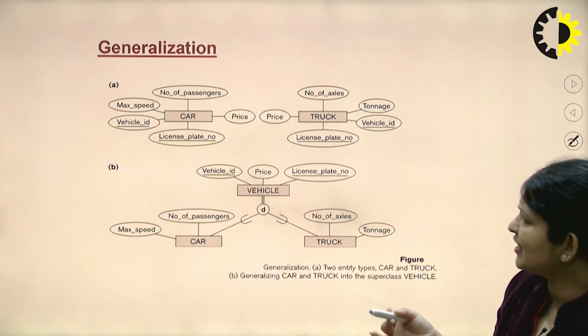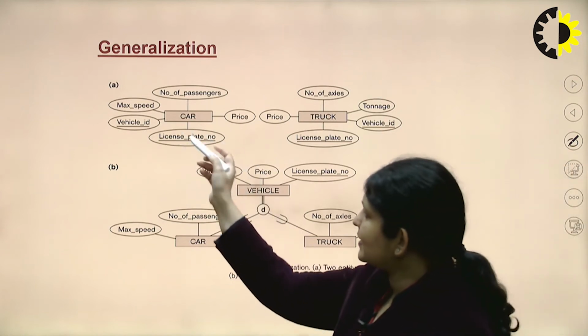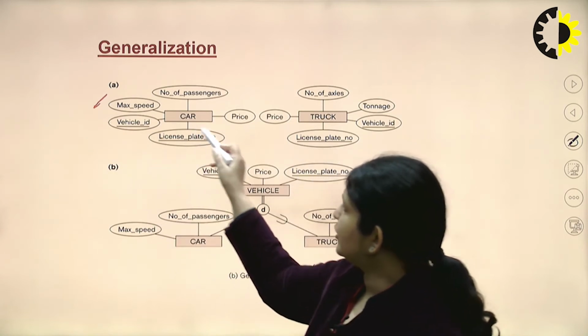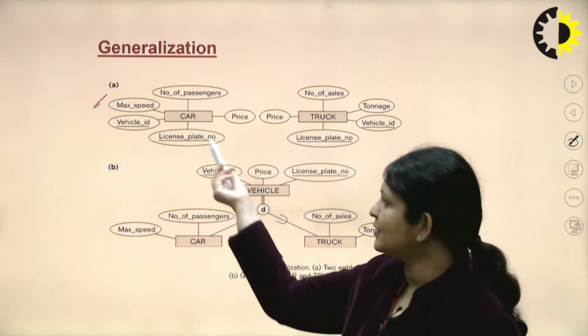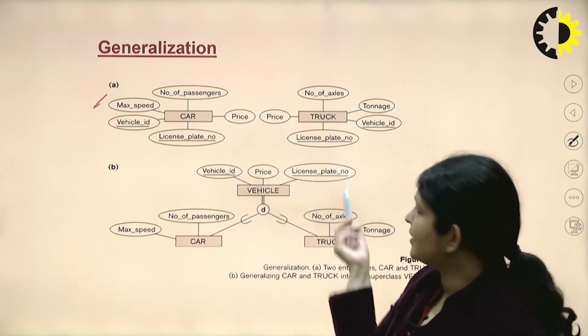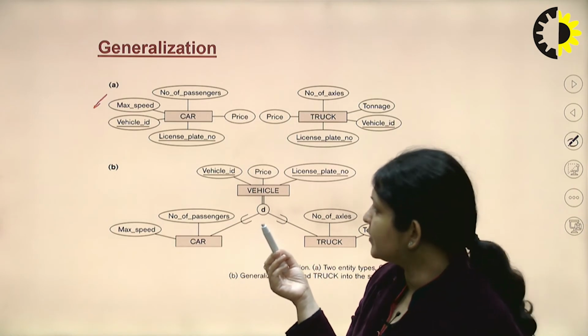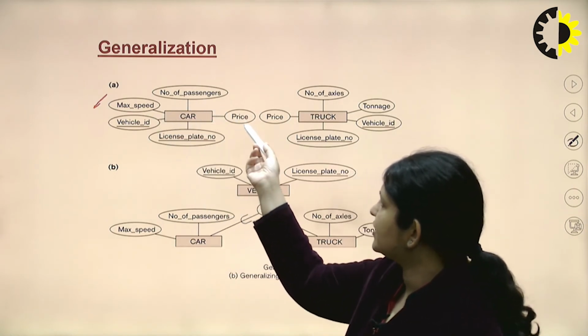So here is the generalization. At point A, we have individual classes, car and truck. We know one is a light vehicle and the other is a heavy vehicle, and they have their own specific attributes: vehicle ID, license plate, max speed, number of passengers and price.